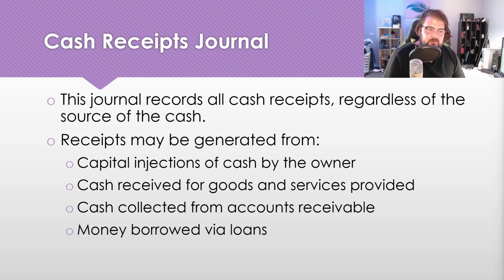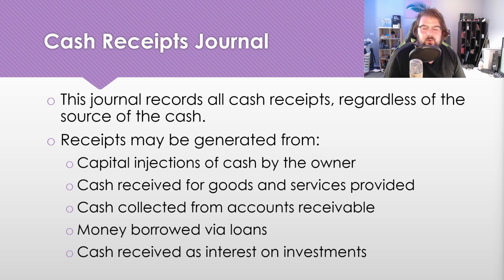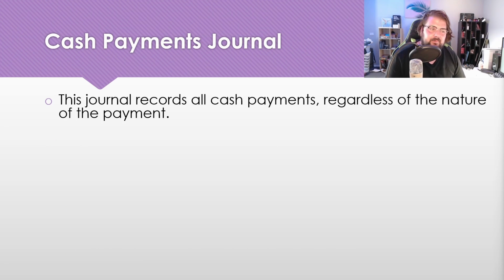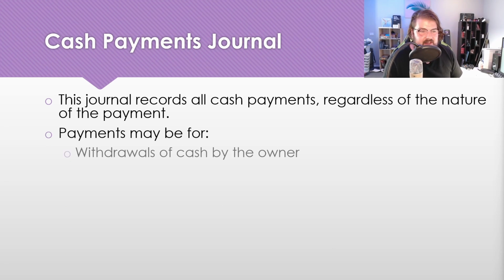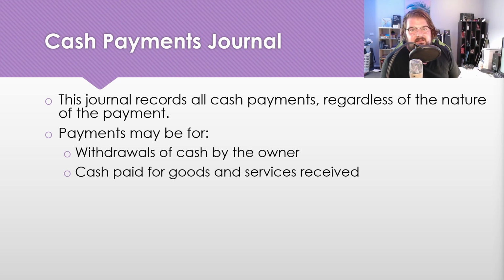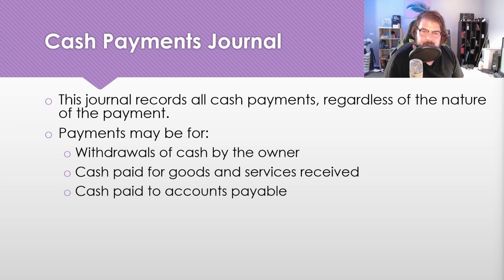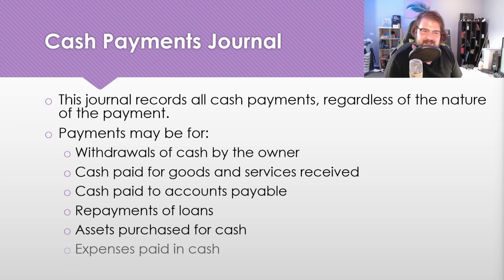Or it could be from borrowed funds, or cash received as interest. Cash payments could be withdrawals made by the owner. It could be cash that we've paid for goods and services, payments that we make to accounts payable, repayments of loans, purchase of assets, and expenses that we pay in cash.